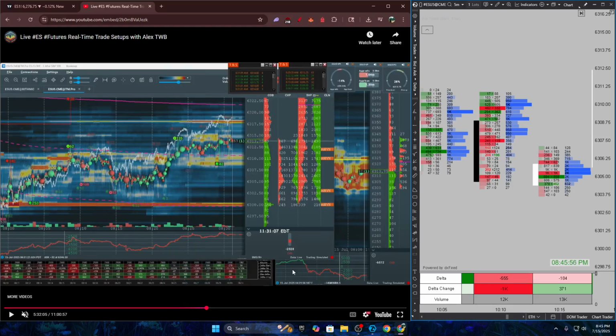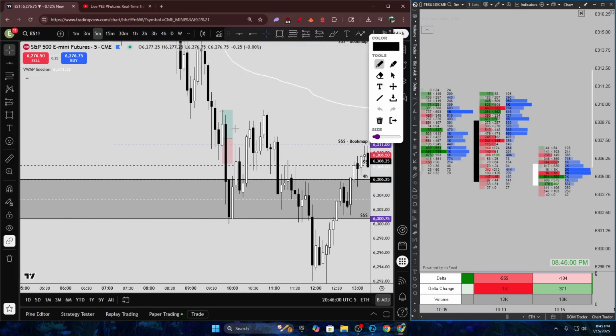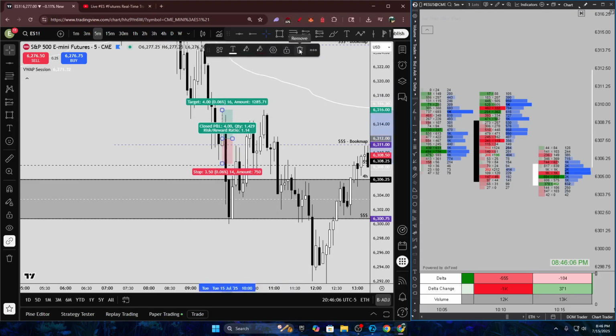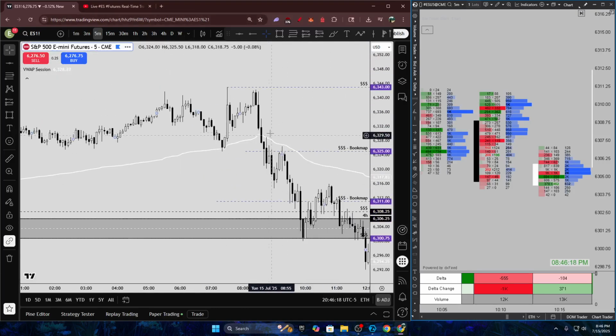And now it's 1030. So honestly, if you would have taken a trade, it would have been this long play, which would have spanned a time of around 3 to 5 minutes. And that would have been a 1 to 2 risk to reward, or even 1 to 1.2 risk to reward, which is not great at all. And it does not follow the trend, which is not what we want to follow.